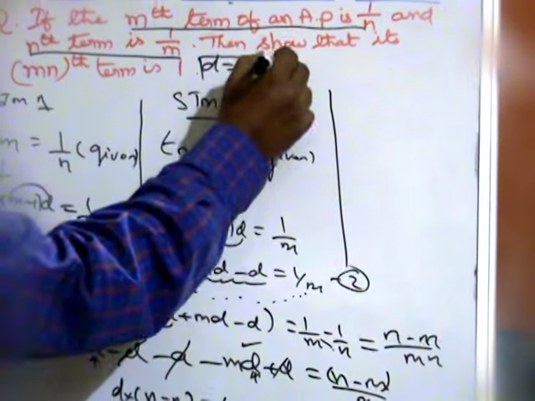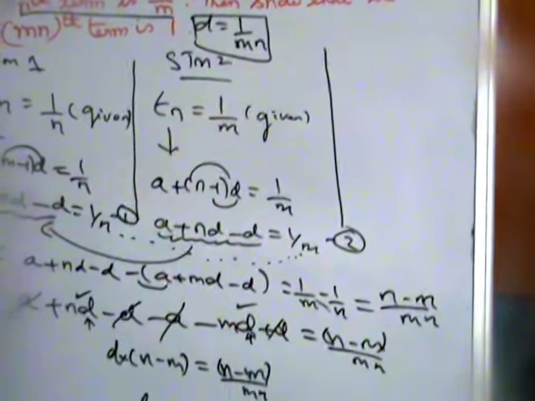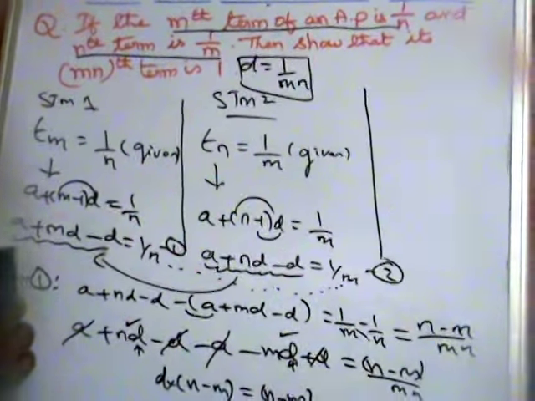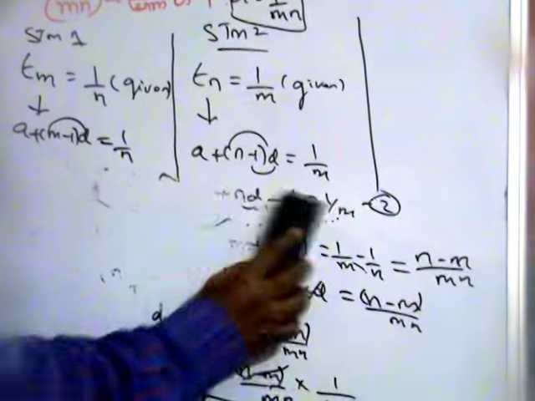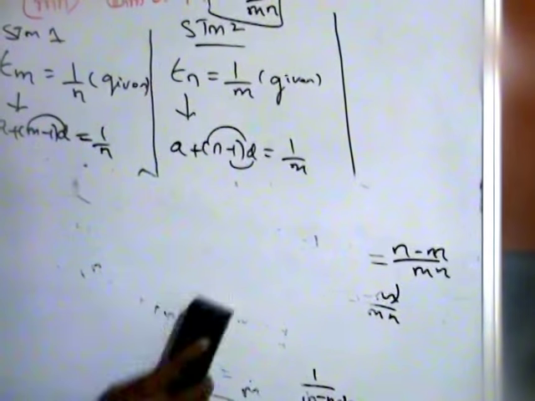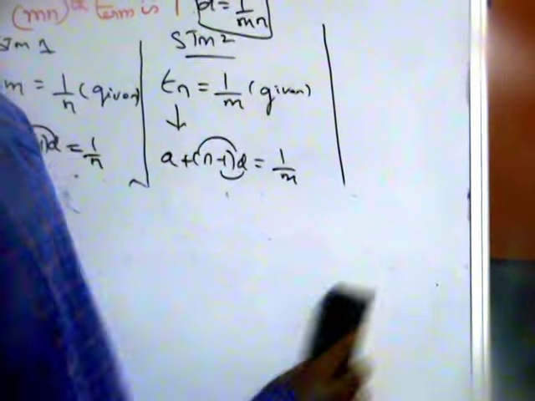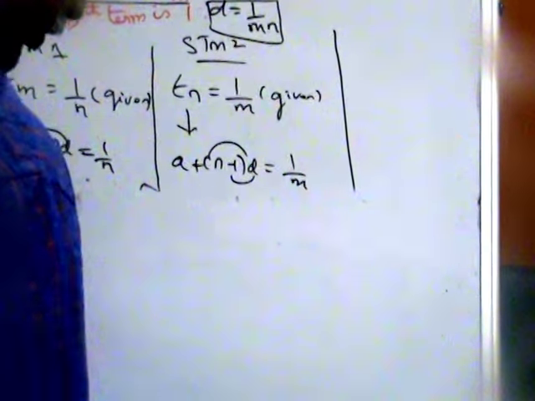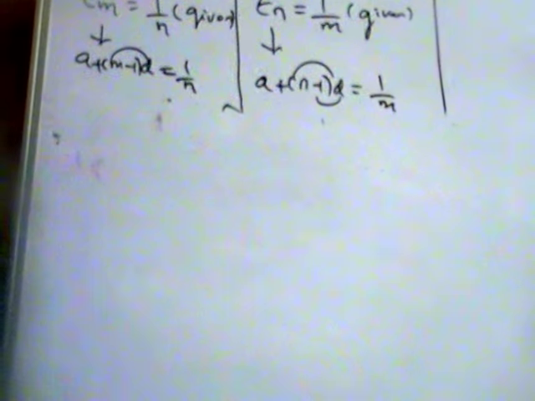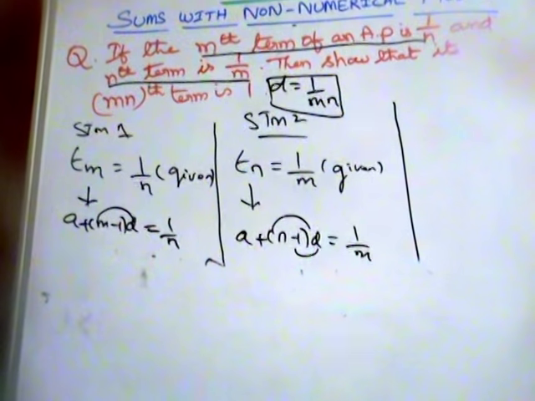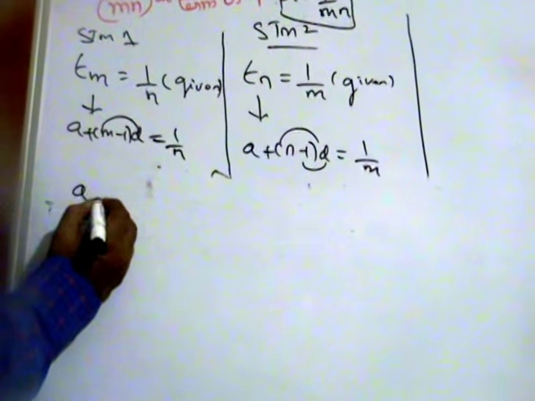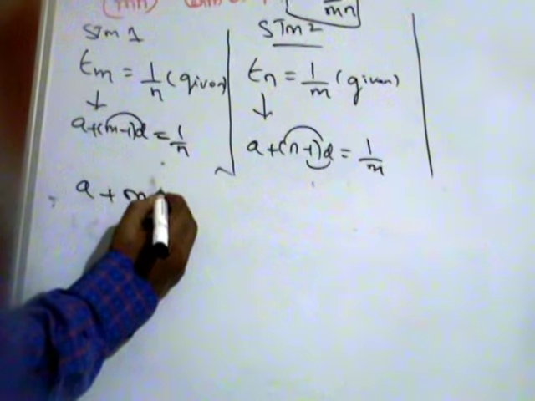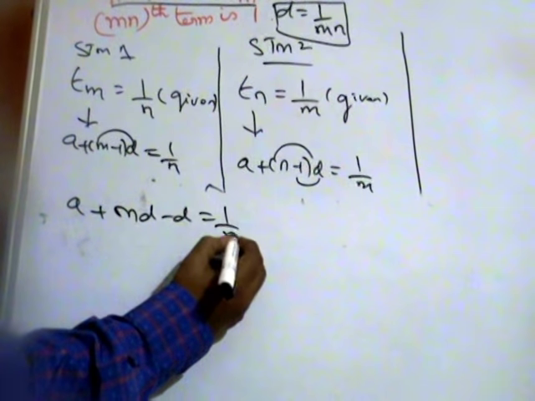This you got it. Now we have to find a. So you can drop this off. So we got the value of d. To find the a, we can put in the first one. First one is nothing but a plus, when you expand we got md minus d equal to 1 by m.